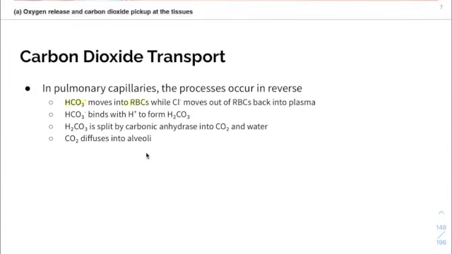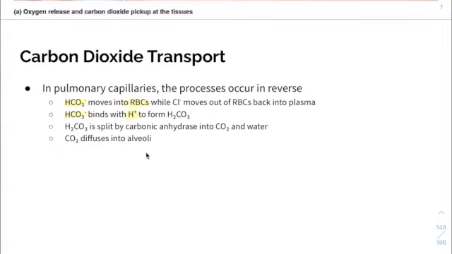When the bicarbonate ion goes in, the chloride goes out because they've got to keep that chemical balance. That bicarbonate is going to bind with hydrogen again, which is going to form carbonic acid.